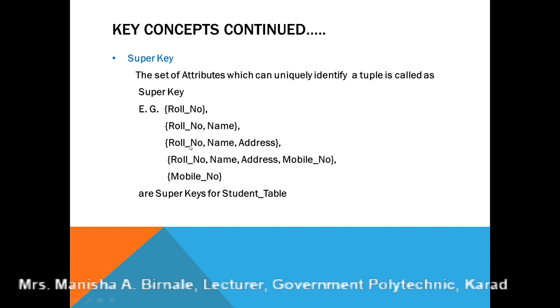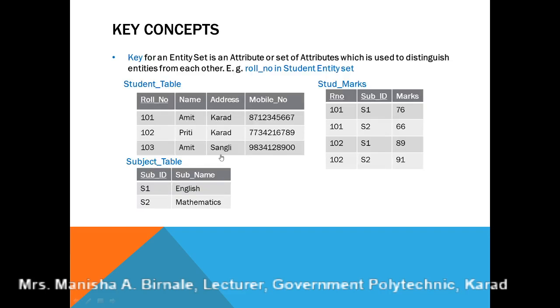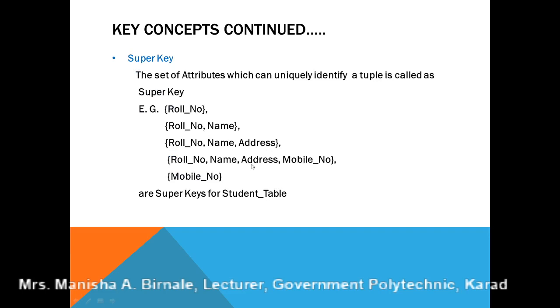Again, a third super key is also possible: roll number, name, address. The combination of these three attributes can also uniquely identify each record from the table, so this is also a super key. Then the next super key is roll number, name, address, mobile number. This will also work as a super key because this set of attributes uniquely identifies each tuple or record from the table.